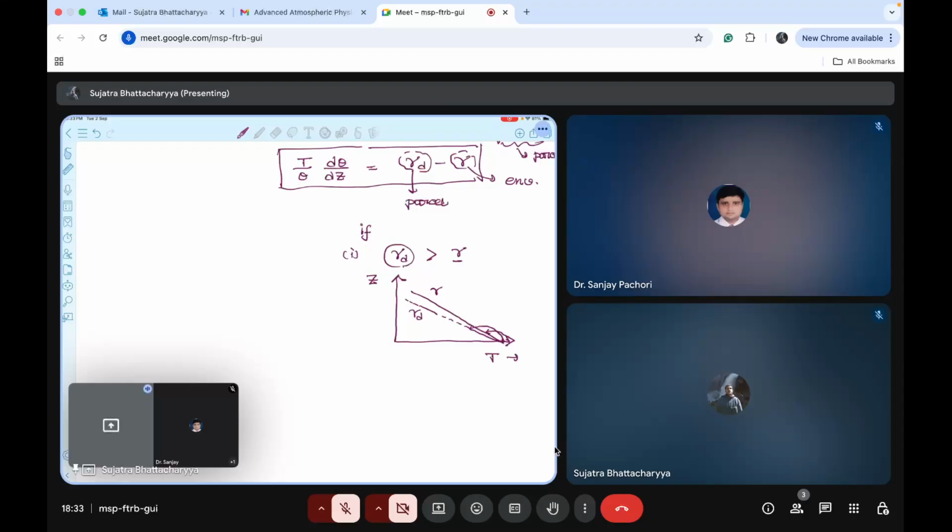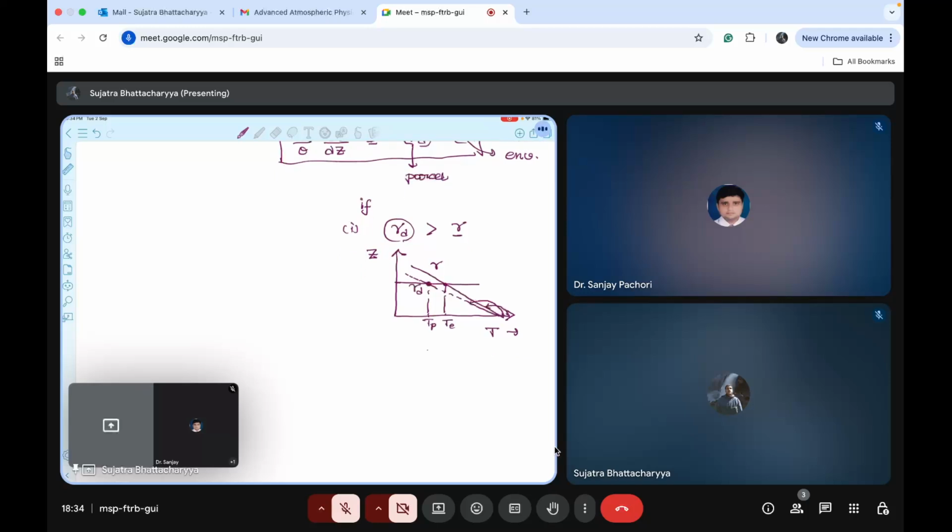Then what is happening? At some level, suppose at say 5 kilometers above the surface, you can see that parcel temperature is this, T of p. But the environment's temperature is this. So what is happening? Your parcel temperature becomes less than that of the environment temperature. That means what?